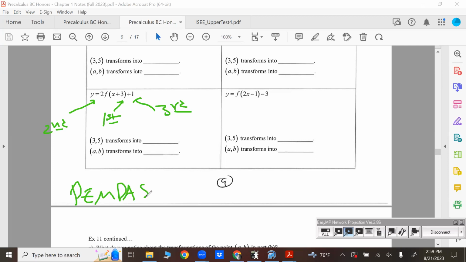What was that first thing, that plus 3? Slides left, yes, good. So the first thing will be x minus 3. Or let me be a little more explicit. Subtract x by 3.